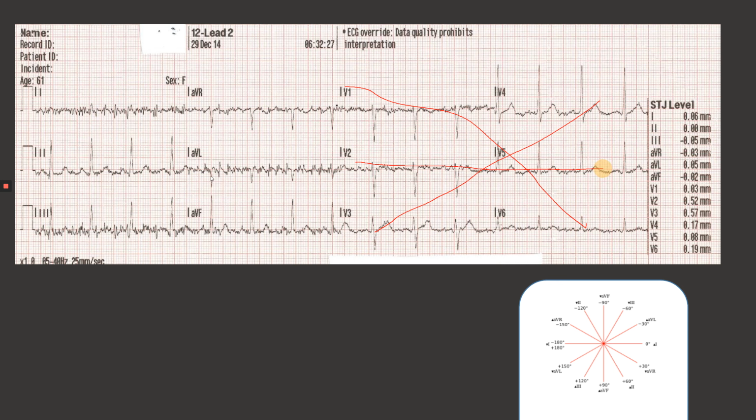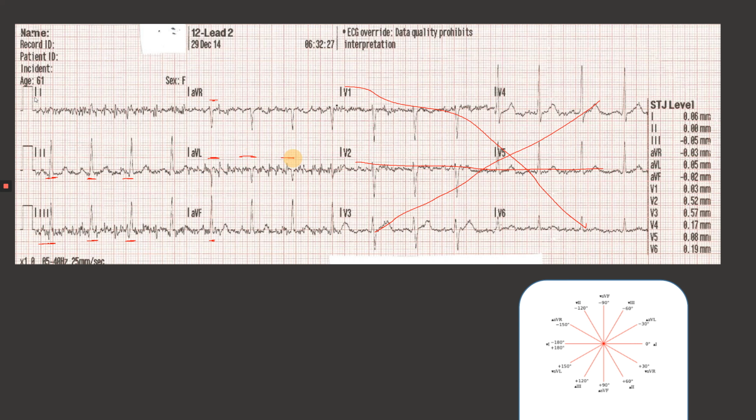Even though there's a lot of artifact in each one of these leads, you can still see a very prominent QRS. So like lead 2, you can see it. We can see that in lead 3 right there. AVR, AVL, AVF, pretty prominent.